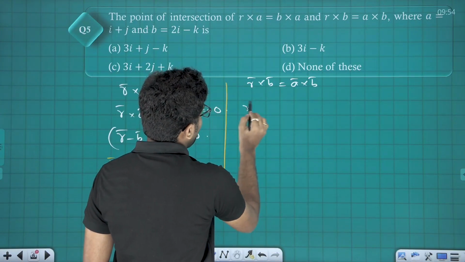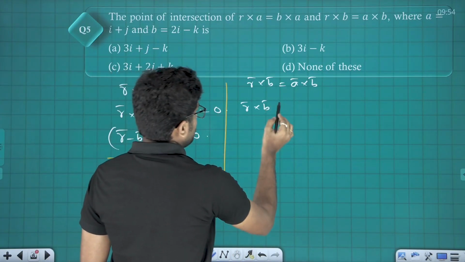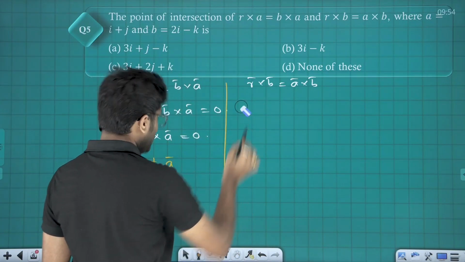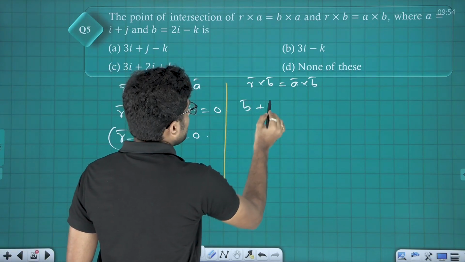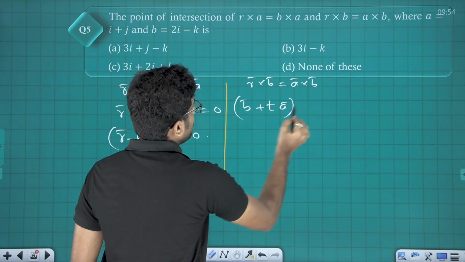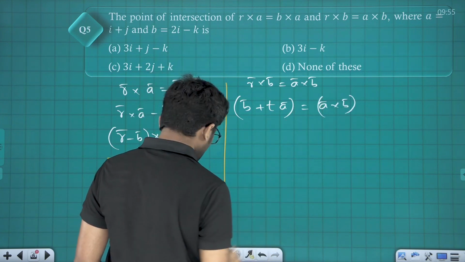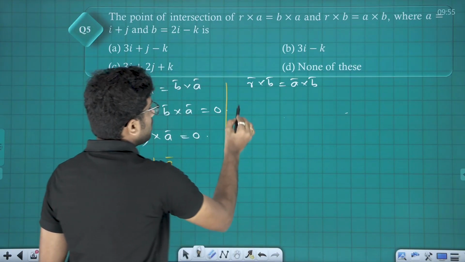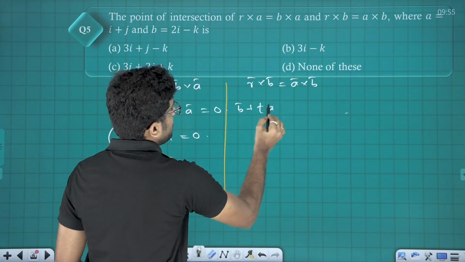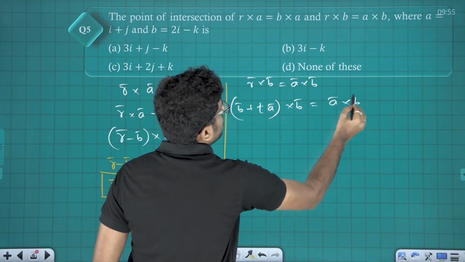Now from here, r bar cross b bar is equal to a bar cross b bar. You can substitute directly here itself. What is r bar, friends? R bar is b bar plus t a bar. Cross b bar we have b bar plus t times a bar cross b bar is equal to a bar cross b bar.